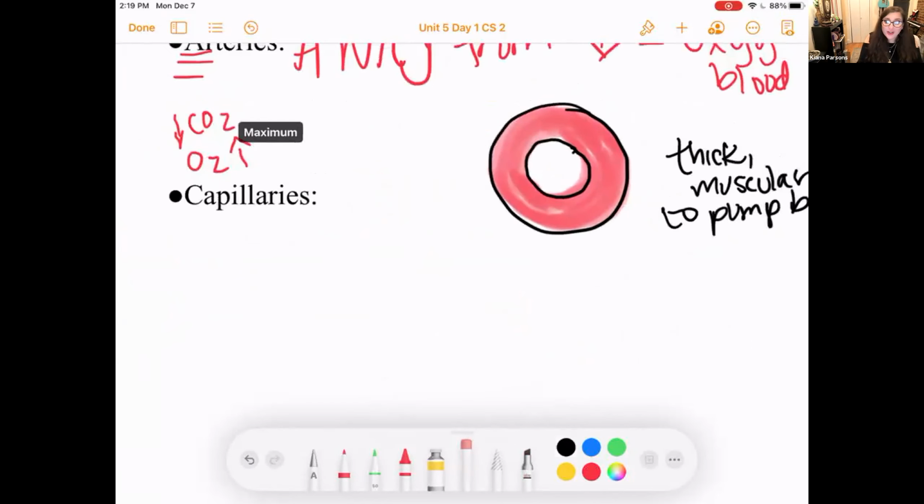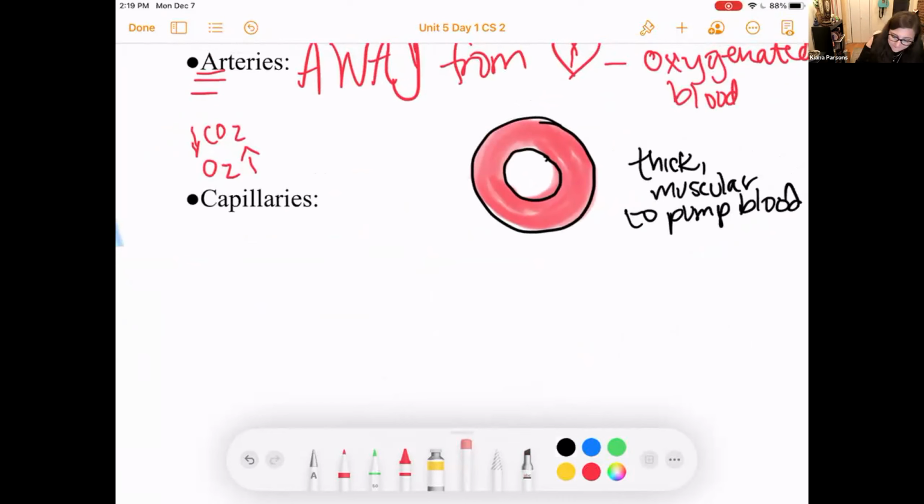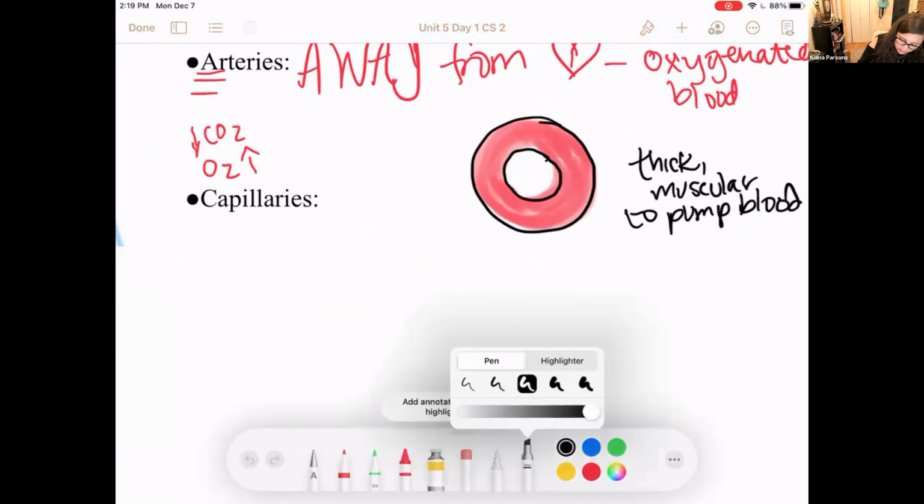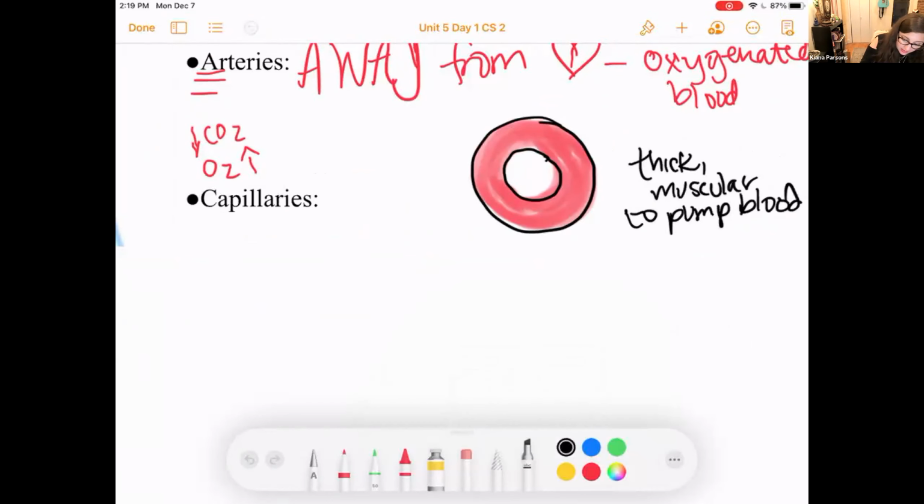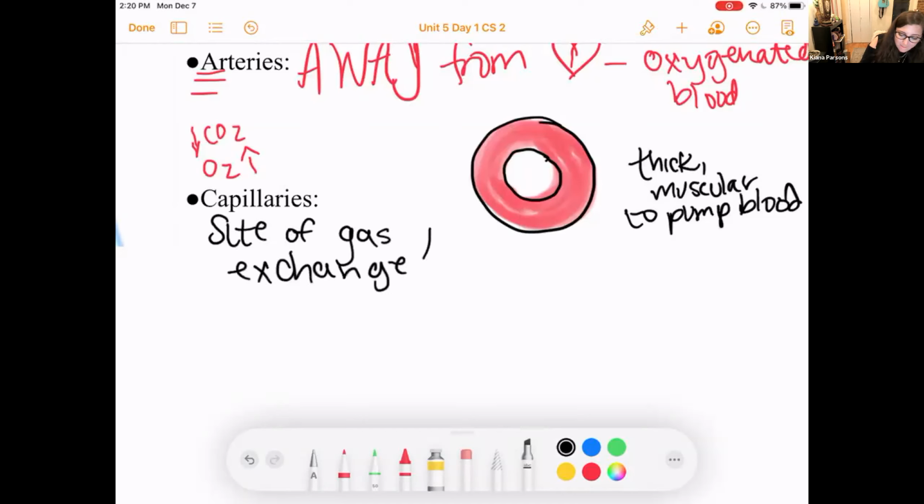Now, your capillaries are the site of gas exchange, meaning the oxygenated and deoxygenated blood mix in the capillaries.